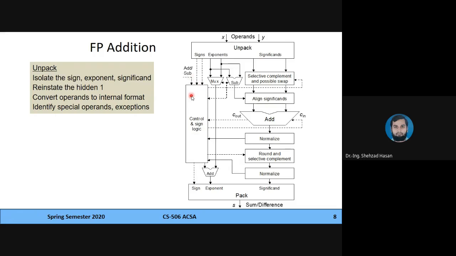If you want to subtract these numbers and their signs are equal, then you subtract them. And if you want to subtract and their signs are unequal, it is as if you are adding them. All of that is decided in this control logic, which decides the final sign. The final sign is also determined during the process, because we don't know up till this point which of the two numbers is bigger, and the sign has to be taken from the bigger number if they have different signs.